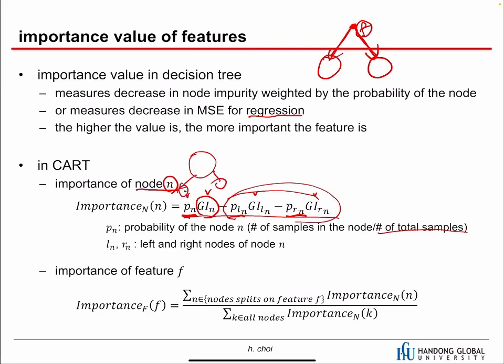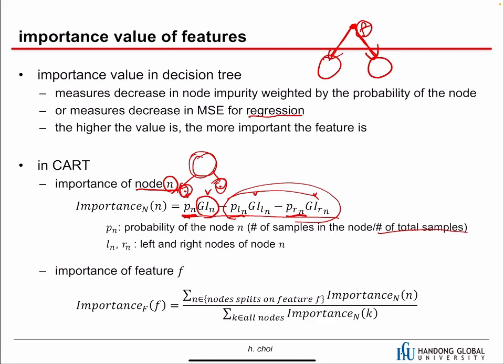If this one is clean and this one is clean, then Gini impurity is low. So if the difference between the parent node and child node is high, which means this split is good. If this split is good, then this feature is good. This node is split really well, and we use the specific feature to split this node.